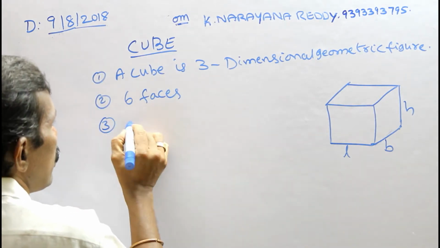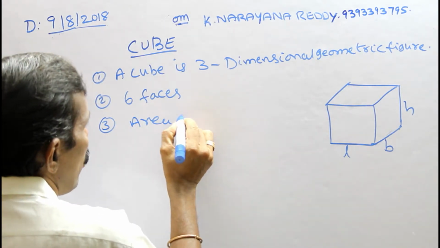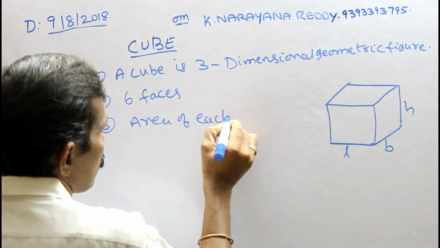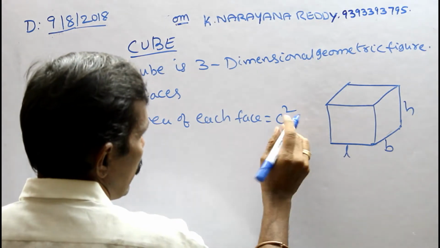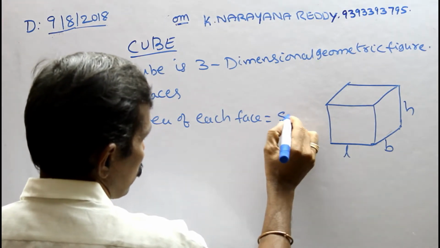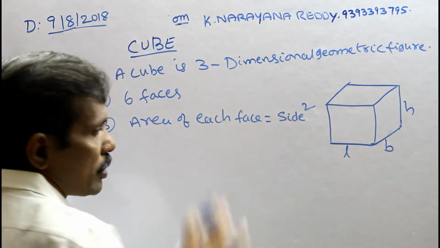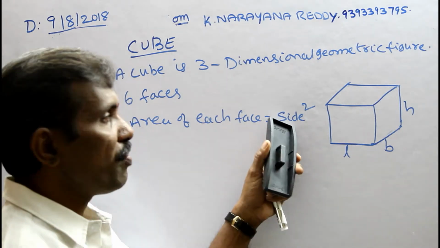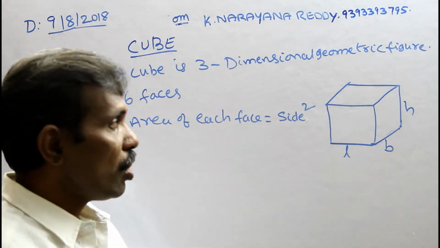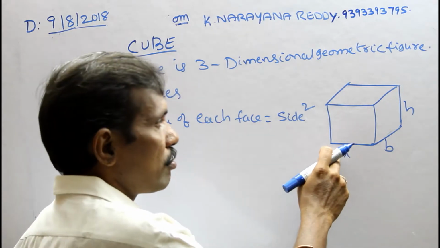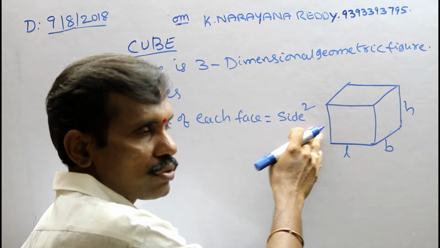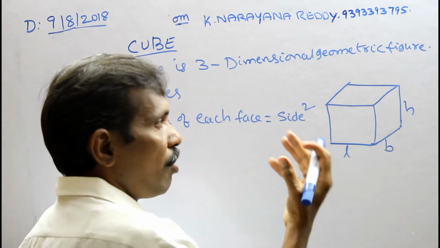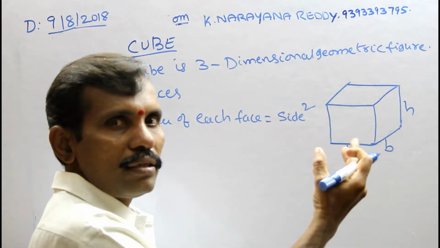So the area of each face is equal to side square. What will be the side? Each face is side square. So bottom side square, top side square, left side square, right side square, front side square, back side square.